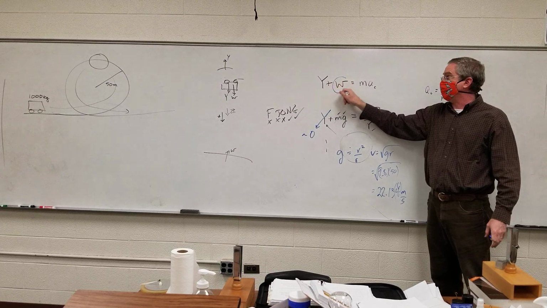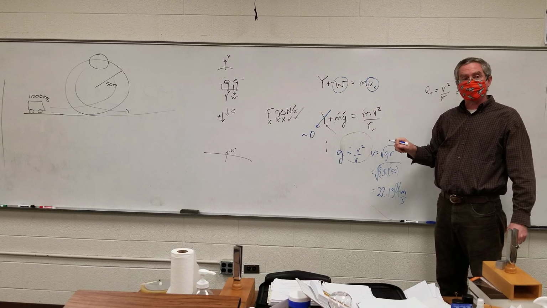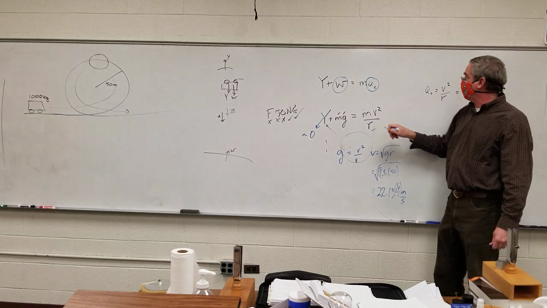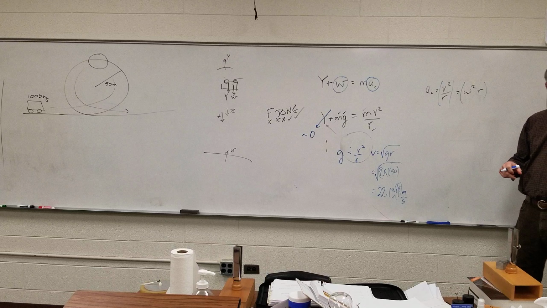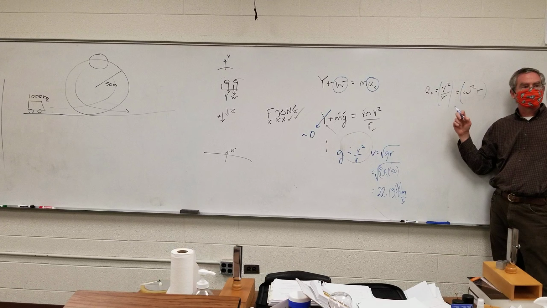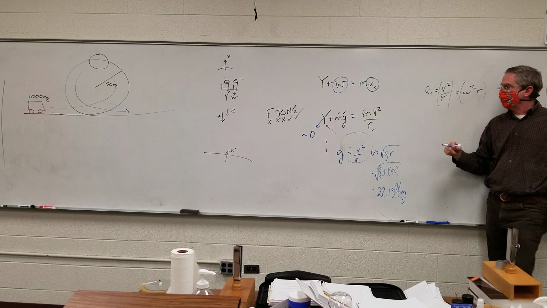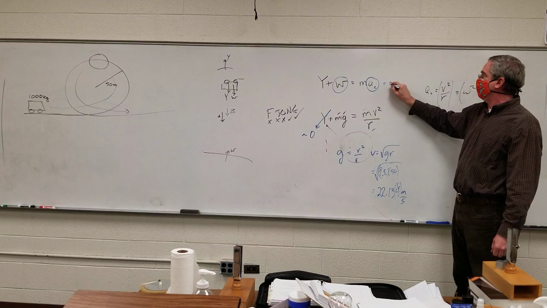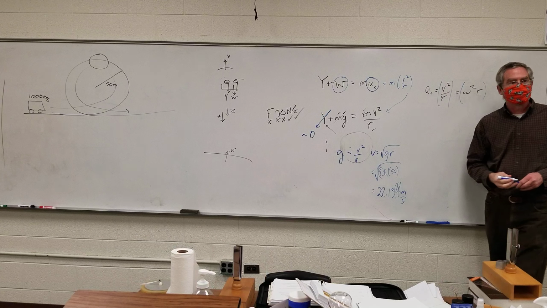We have an independent equation for weight: weight is equal to mg. We have an independent equation for centripetal acceleration, which is either v squared over r or omega squared r, and we chose v squared over r. Oh, okay, and you multiplied it by mass. Yeah, so technically, m times v squared over r.